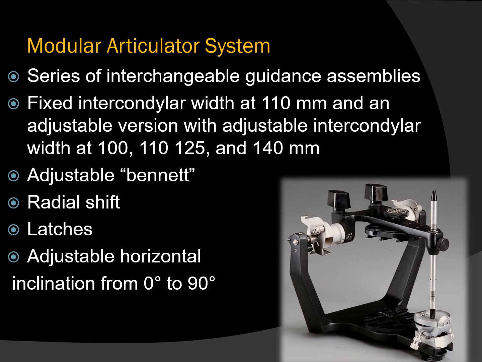Then there is adjustable Bennett side shift, a radial shift of 3 mm, adjustable horizontal inclination of 0 to 90 degrees, and also latches. These latches lock the upper and lower frames in terminal hinge position. They can be released to permit excursive translations without disengagement, and they can be opened in order to allow for rapid separation of the frames.